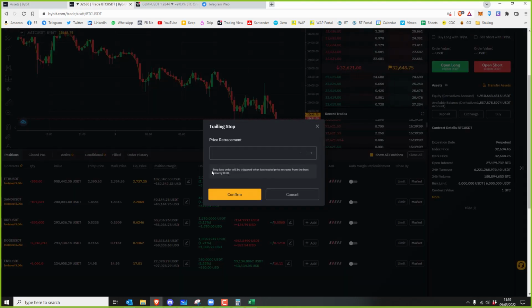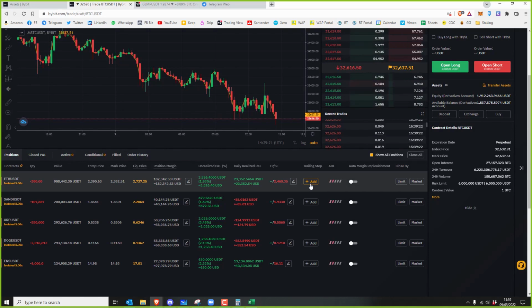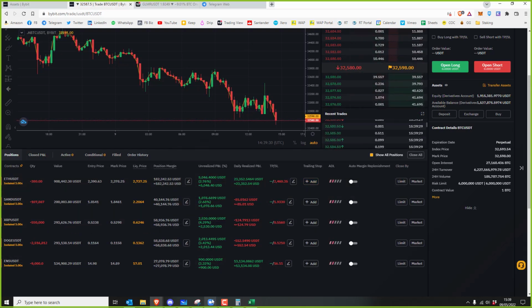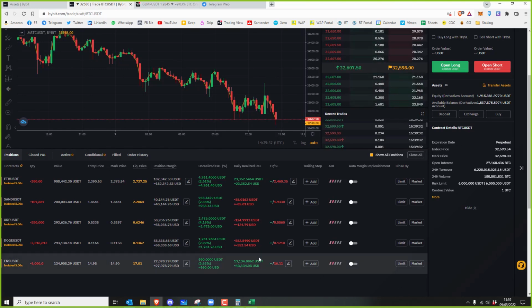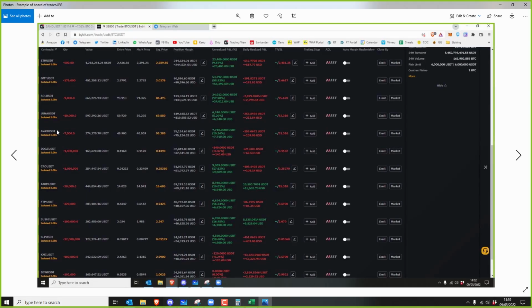So yeah, as it says, stop loss will be triggered when the last traded price retraces from the best price. But yeah, it's not good. I prefer a dynamic stop loss, which FXCM has, but even that wasn't too good. This is still frustrating watching this, because as these go in profit, I know I'm missing out on loads of profit from before.